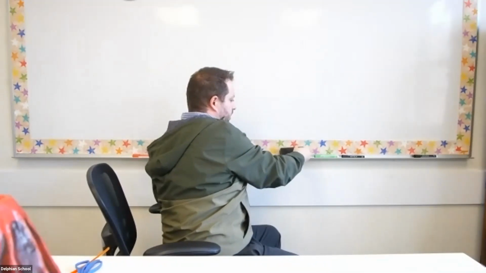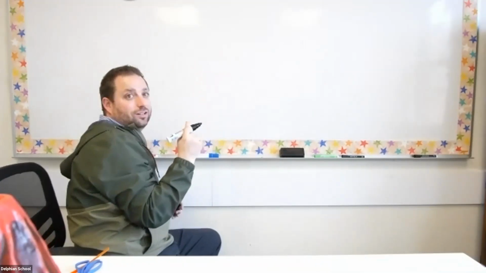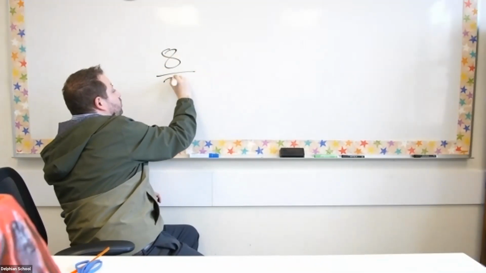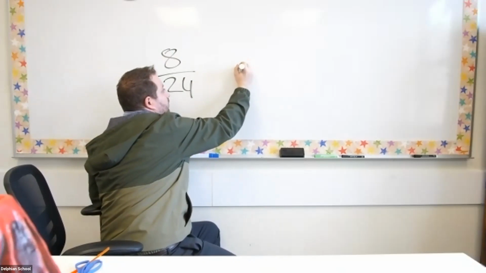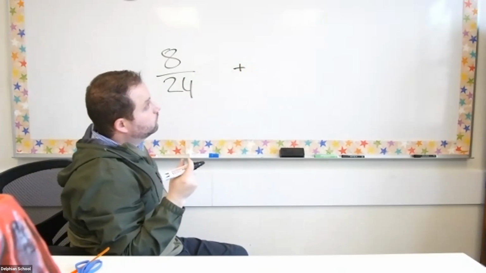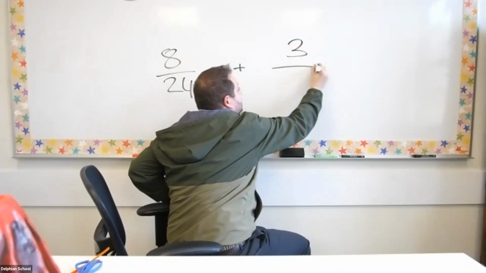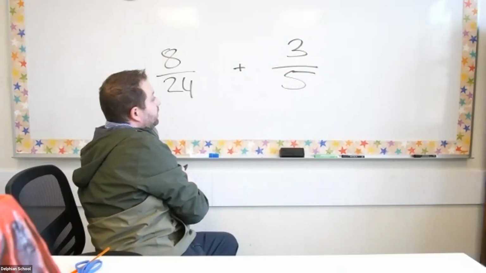So James, give me any two fractions. Okay, 8/24. And let's pretend we're adding. And 3/5. Okay, that's a good one because there's no obvious way to get a common denominator.